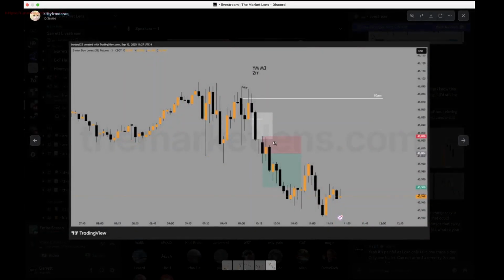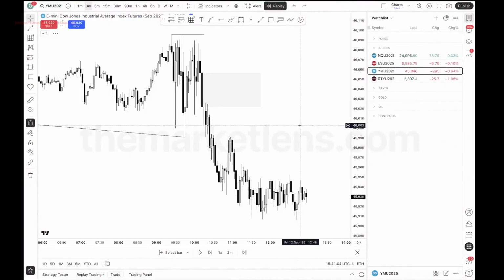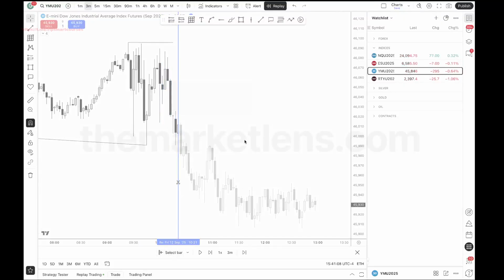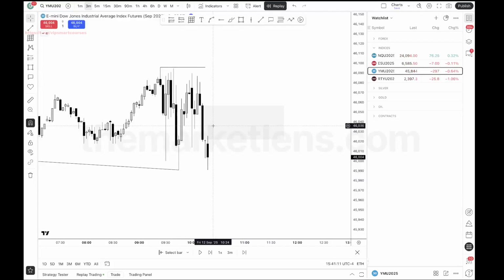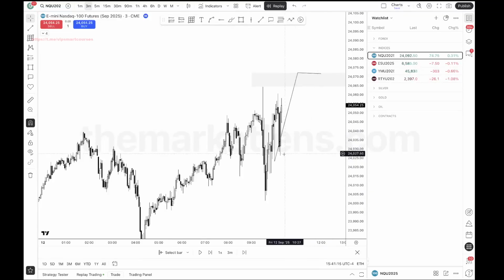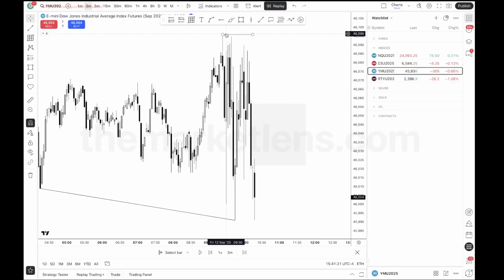Okay, so this is actually a decent short, and I'm going to show you why. Because at that time, I have this gap highlighted here. Basically right when this asset is hitting that gap, NQ is hitting all-time highs at this point, so it's above a range high, basically.